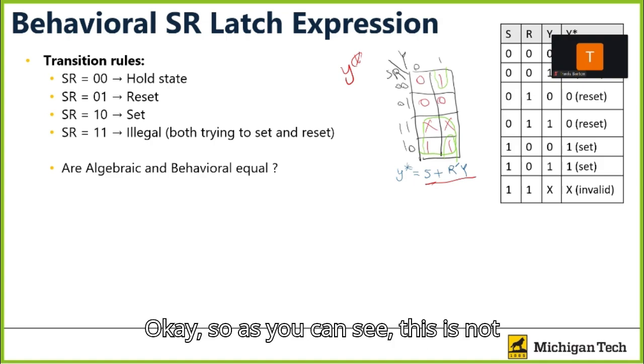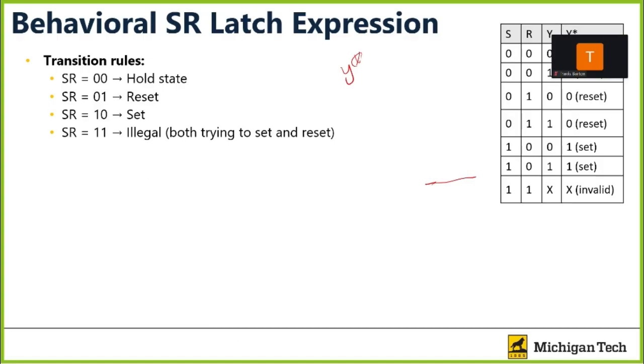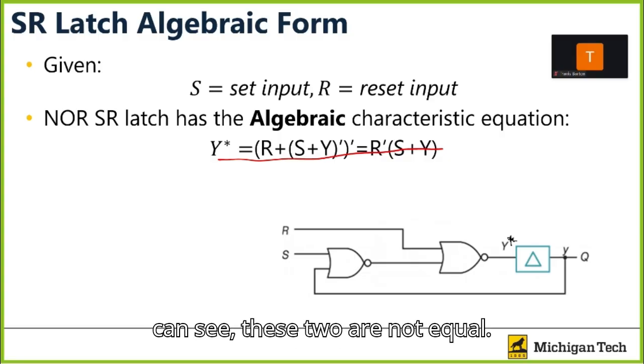Okay, so as you can see, this is not the same as the previous one. The previous one was R bar S plus Y. As you can see, these two are not equal.